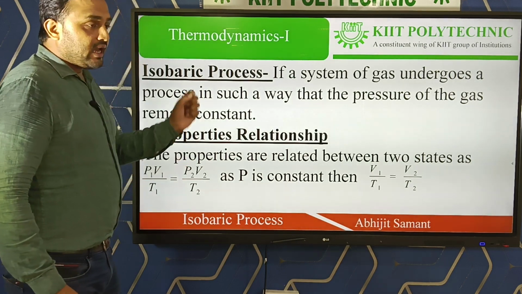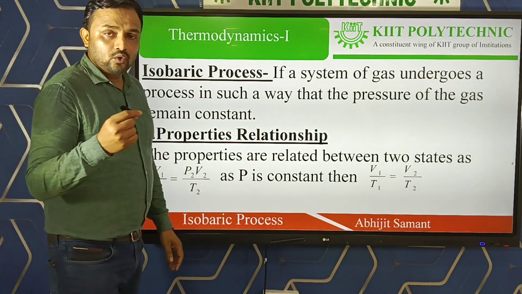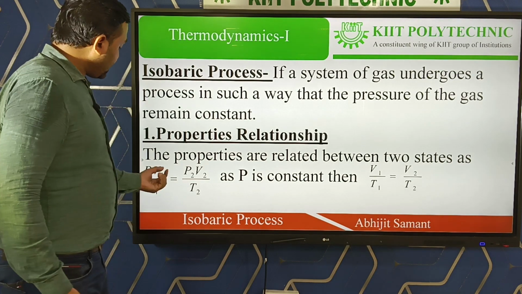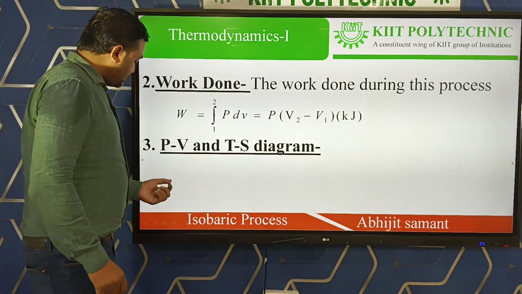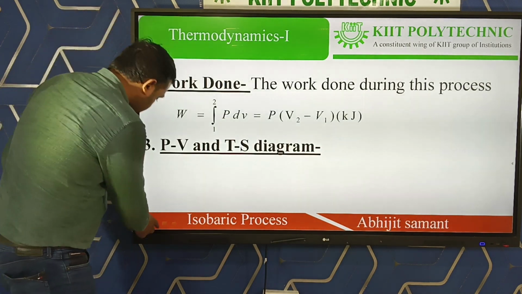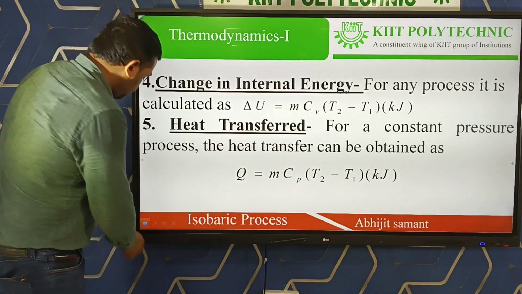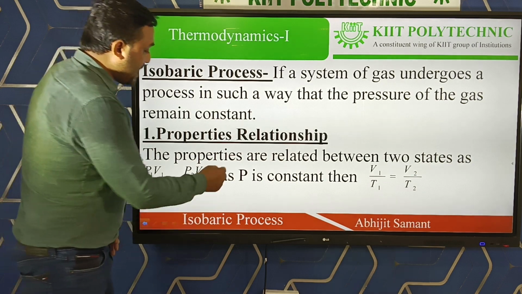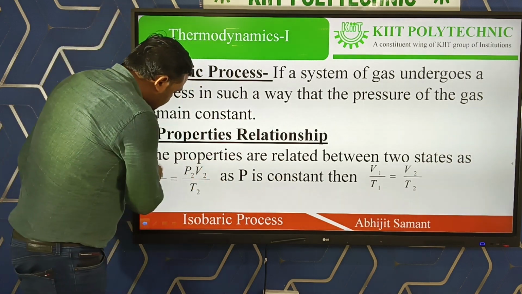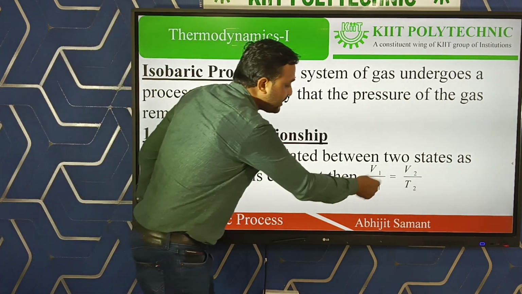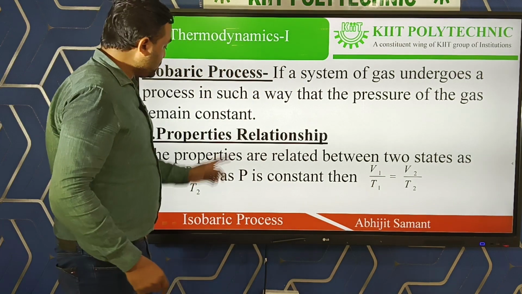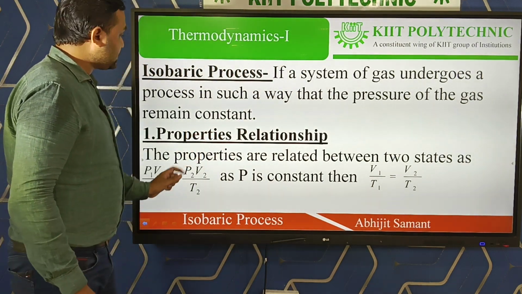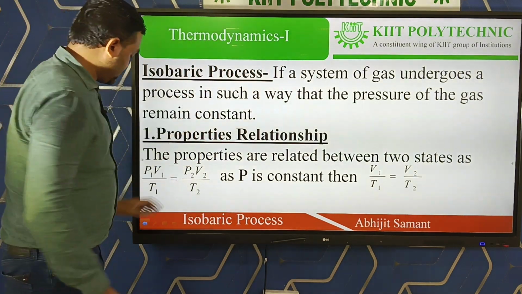This comes from the ideal gas equation PV equal to nRT. As pressure is constant, this equation reduces to V1 by T1 equal to V2 by T2. This is called the properties relationship in case of an isobaric process.